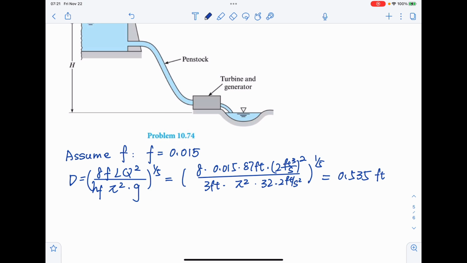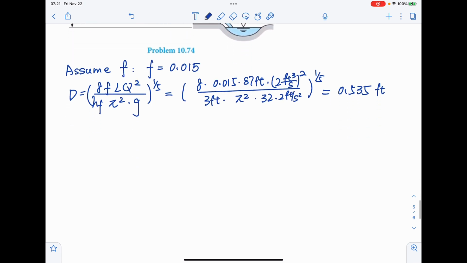So the next step is to find the velocity. V equals Q over A. Okay. Q is given, 2 cubic feet per second, over A, pi over 4 times the diameter squared.